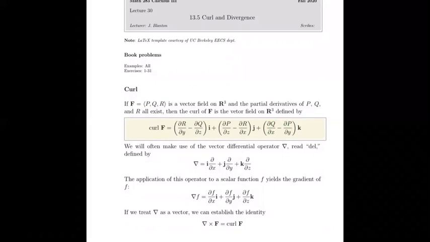To simplify our notation for the curl of F, we'll use the gradient operator, or del.